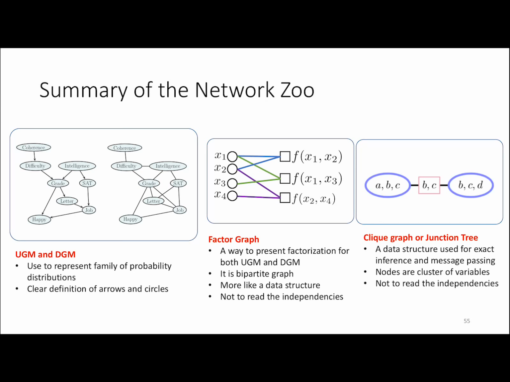But if you only care about the exact result, you have to convert your loopy graph to a junction tree and do the exact message passing on it. But again, there is no free lunch. You may not end up with polynomials. Any other question? If not, see you next week.